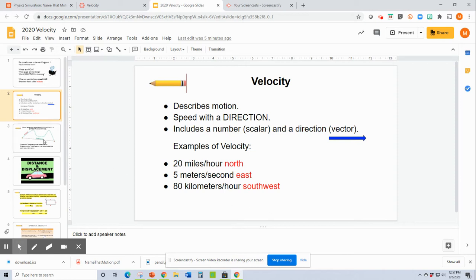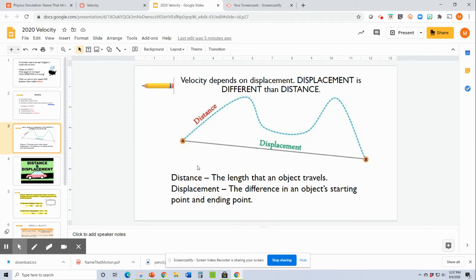There's another important difference with velocity, and we're going to go ahead and introduce this to you. Although, honestly, guys, as we move into graphs, you will see that often we use speed and velocity kind of interchangeably.